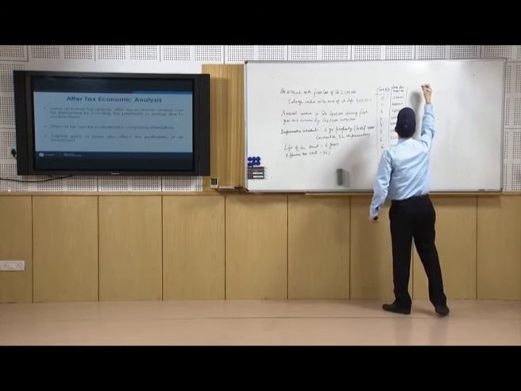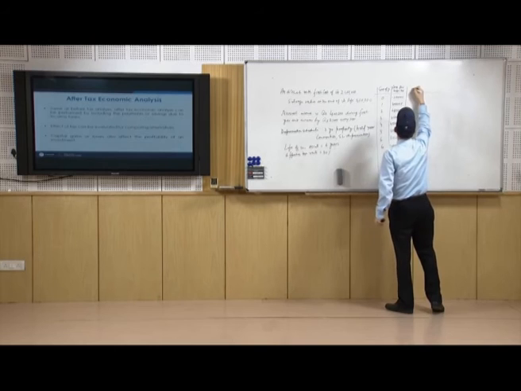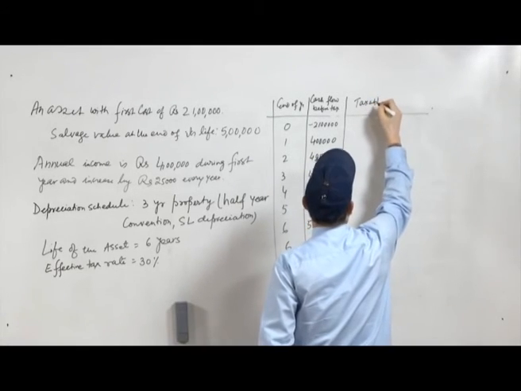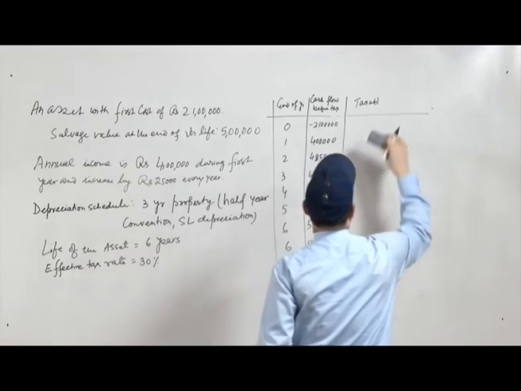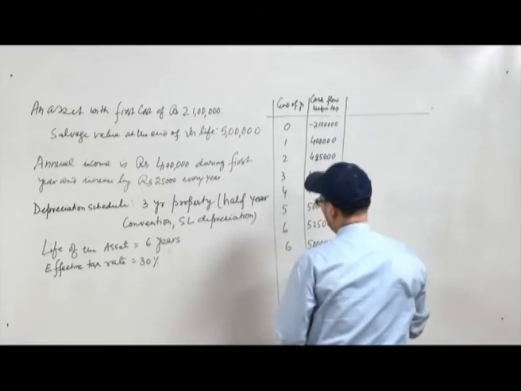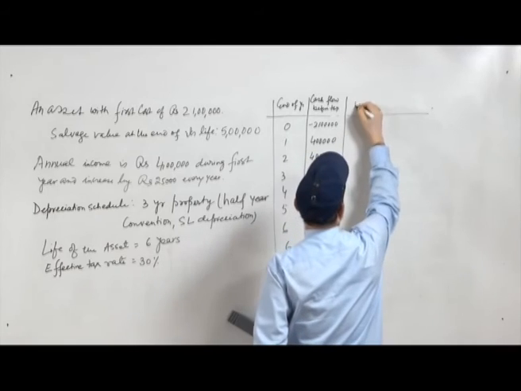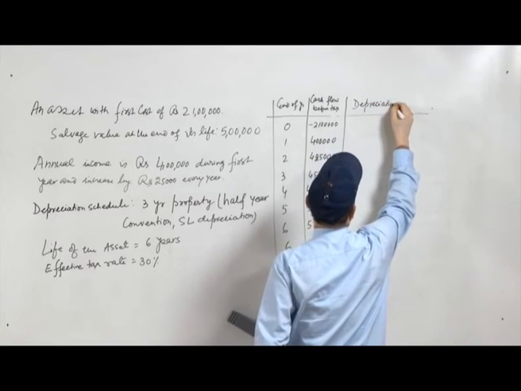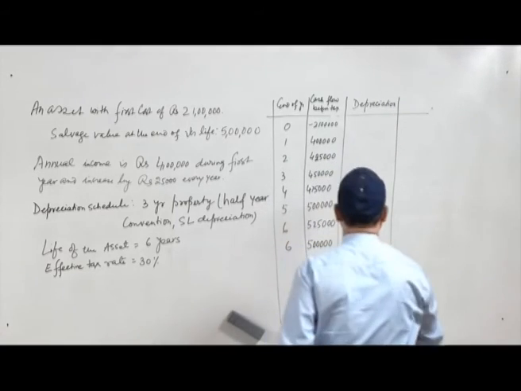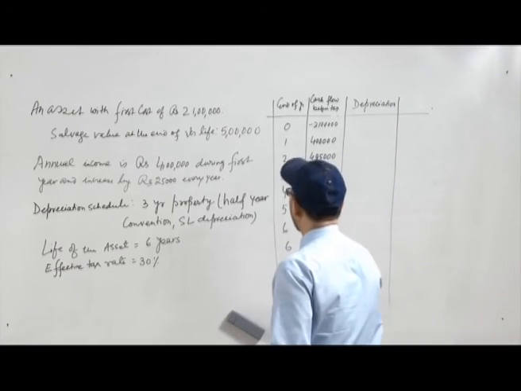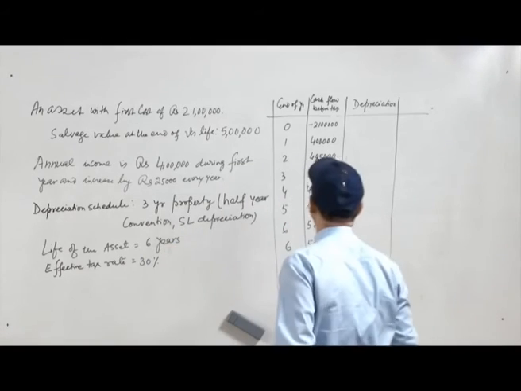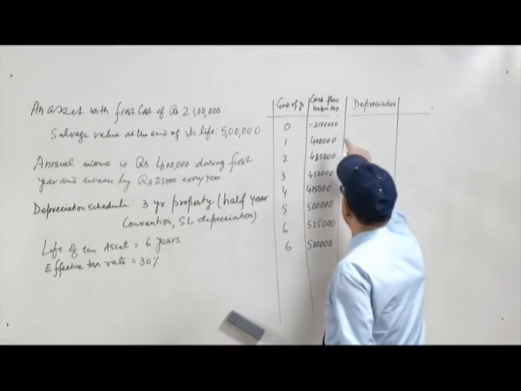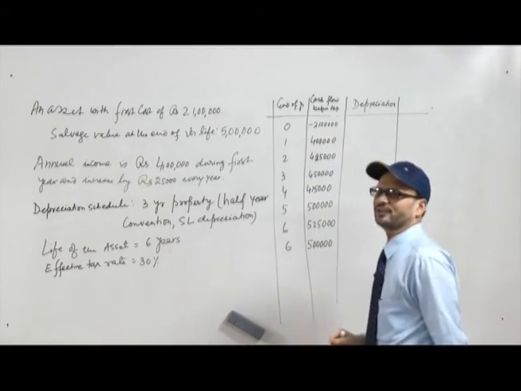Next we will have the taxable income. So before that we will calculate the depreciation charges. We are using the straight line method with half year convention and a 3-year property, and this is a property with a first cost of 21 lakh.